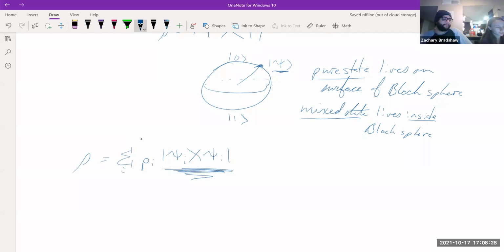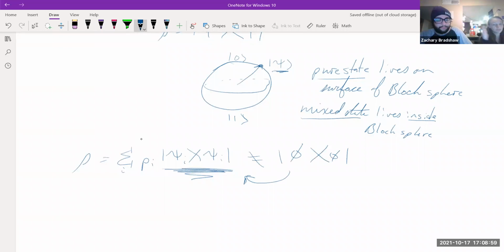You could also have a mixture of mixed states, but a mixture of pure states like this, then it isn't necessarily true that there's one convenient pure state that you can decompose this into. We're going to call this phi. It's not necessarily true that there exists some phi where that is equivalent to this, right? One singular phi. And that's kind of what I mean by a mixture.